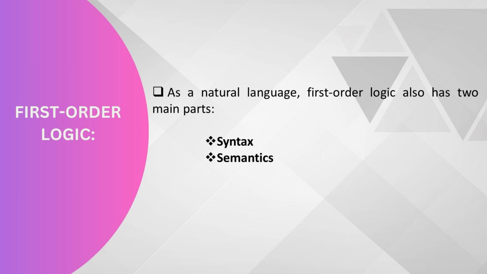In first order logic, syntax determines how symbols representing objects, relations, functions, logical connectives like and, or, not, and quantifiers like exists and for all can be arranged to create meaningful expressions. It outlines the proper order, arrangement and usage of these symbols to construct well-formed statements within the language.